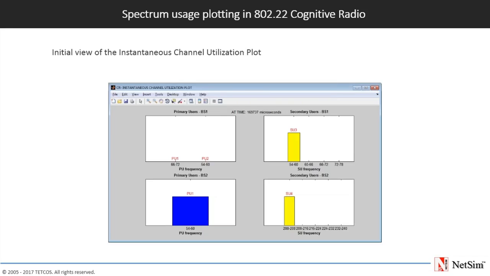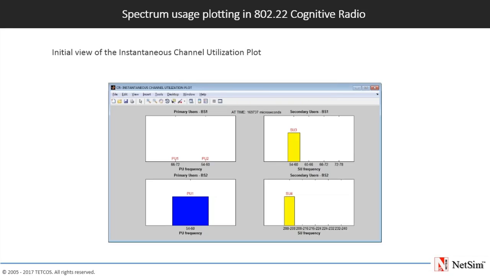So this is currently a very popular area of research, and it is standardized as per the IEEE 802.22 standard, and the NetSim implementation of cognitive radio is again as per this standard.